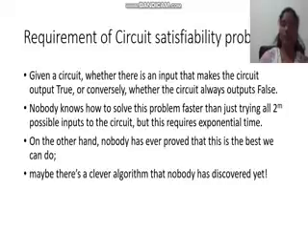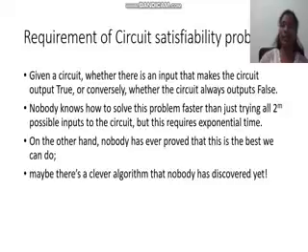But to find a solution, we need to go through all possible inputs, all 2^m possible inputs to the circuit, and that will definitely require exponential time.